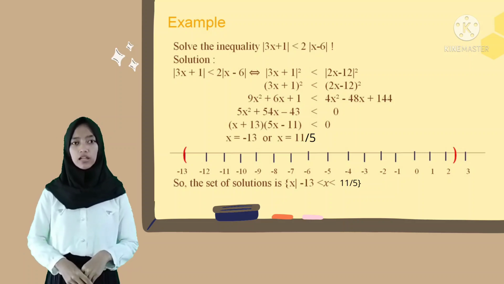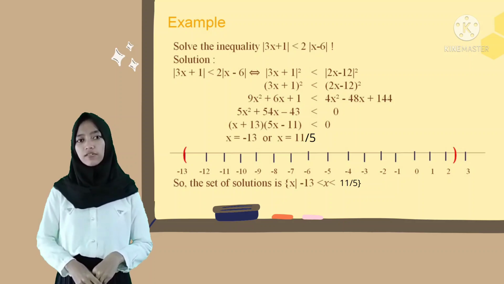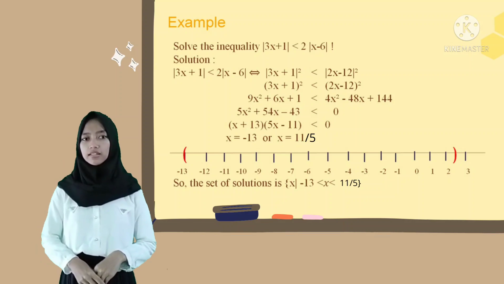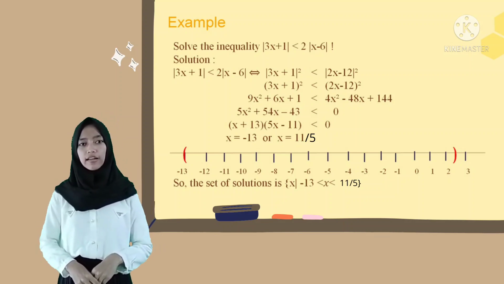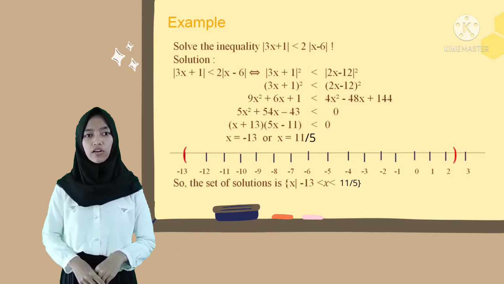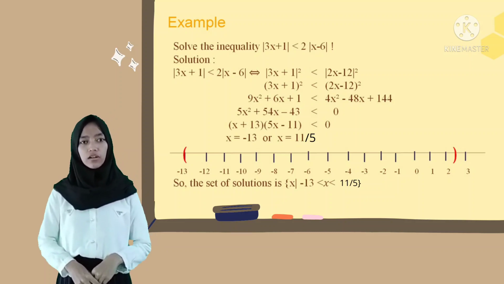Then we factor so that x plus 13 all times 5x minus 11. Next, x equals minus 13 or x equals 11 over 5. The dividing points for this quadratic inequality are minus 13 and 11 over 5.